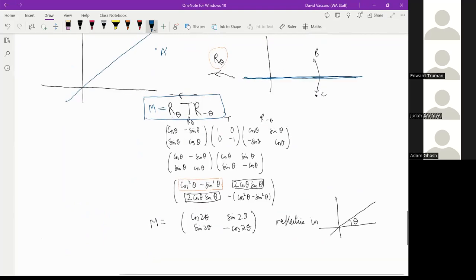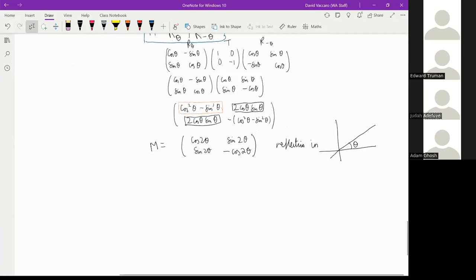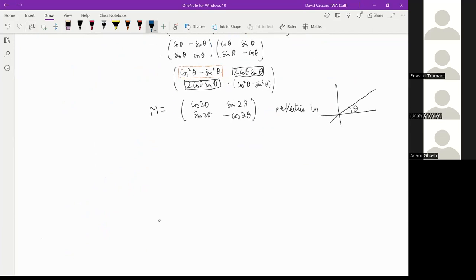And then what I did is I then just multiplied the matrices together, and I found that the matrix M was cos 2 theta, sine 2 theta, sine 2 theta, minus cos 2 theta.